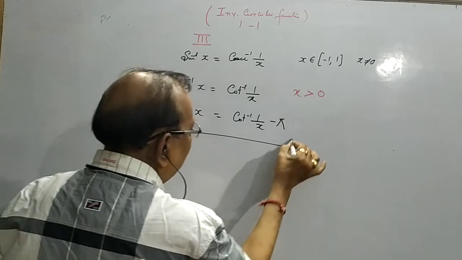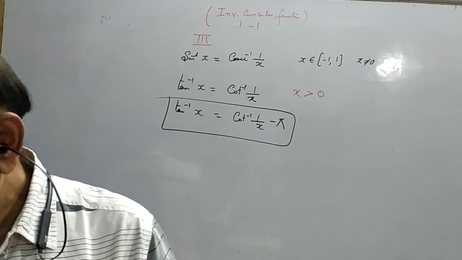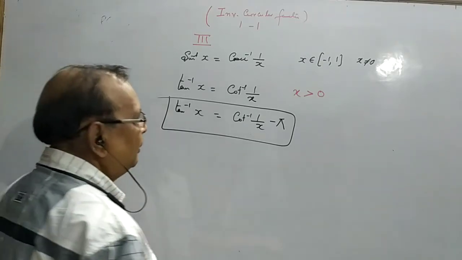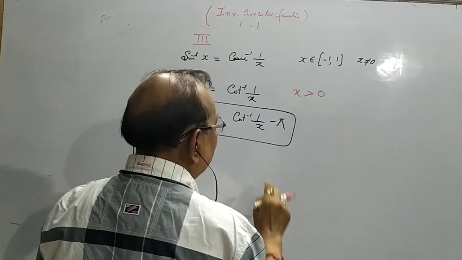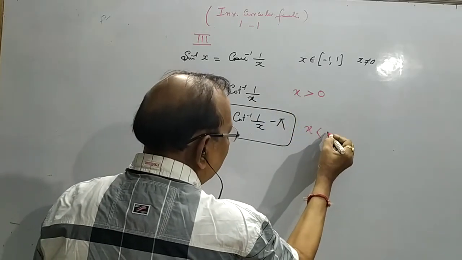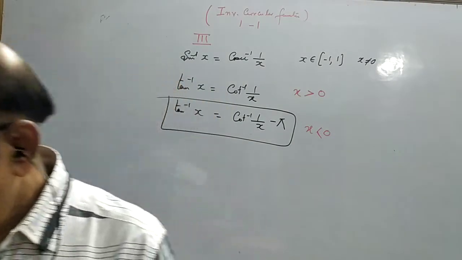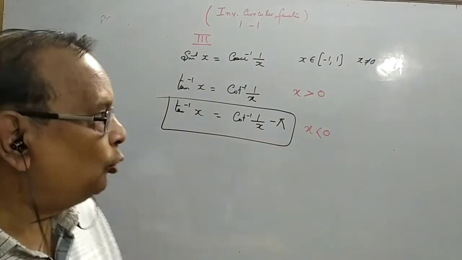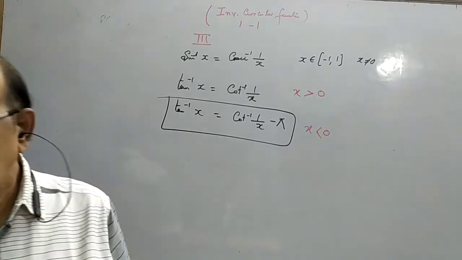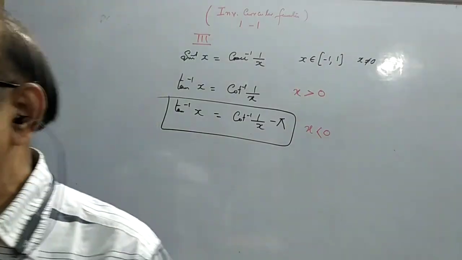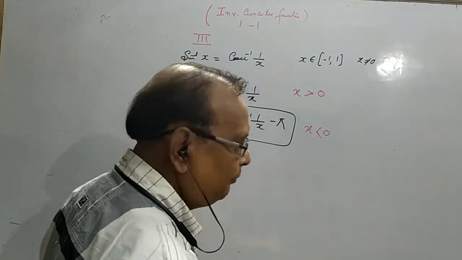Remember that. Sometimes these may become faulty if you consider this for negative. For negative, this must be used. I have seen this formula used for both positive and negative, even by renowned authors. That may be faulty. Remember that must be used for negative.